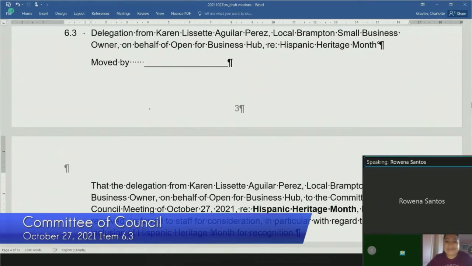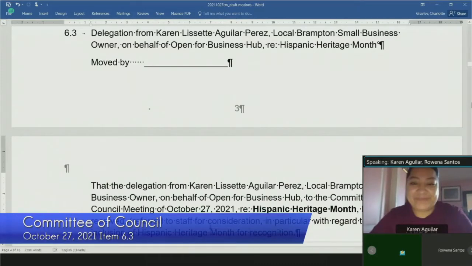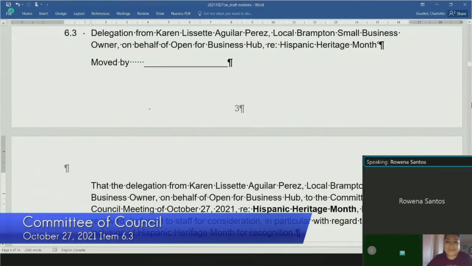I do all of them, and I think having a month where we celebrate and showcase that in Brampton, as well as learning about the history of the community, would be a beautiful addition to the mosaic that we celebrate every single year.